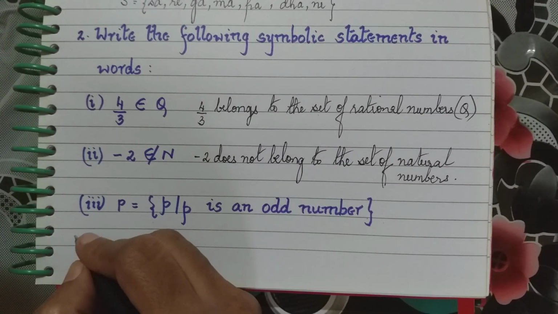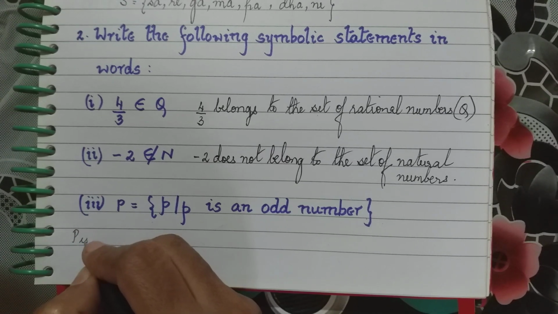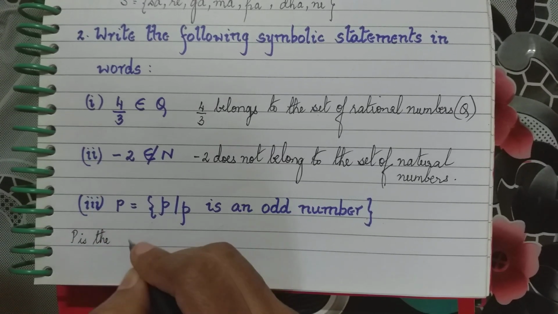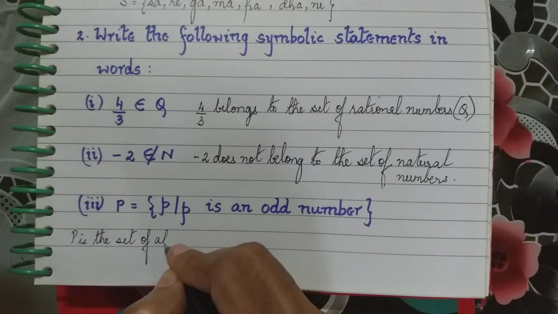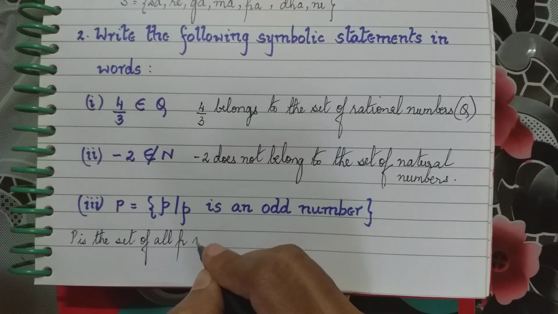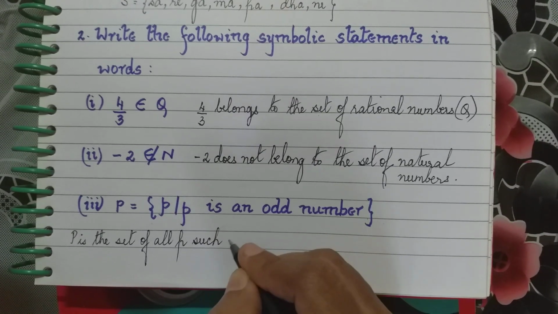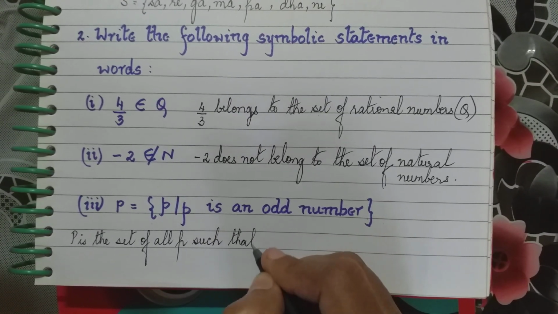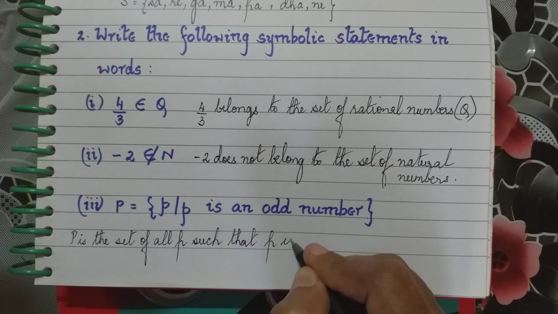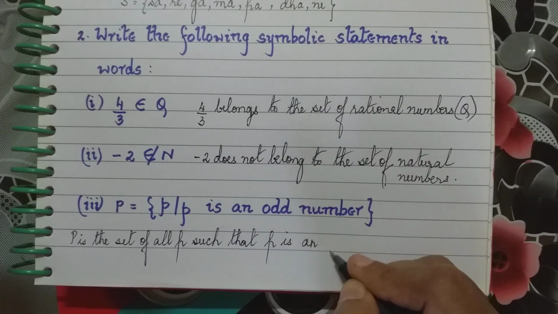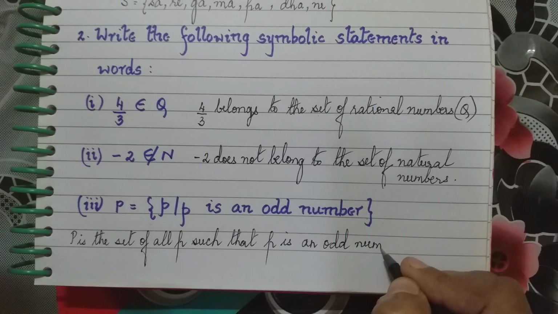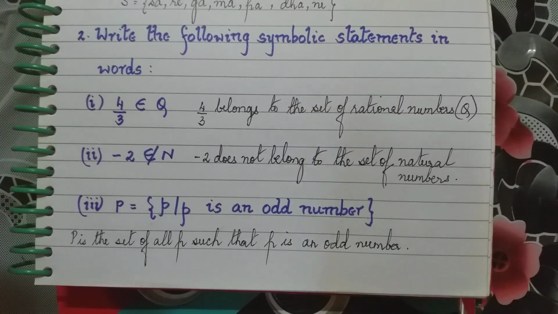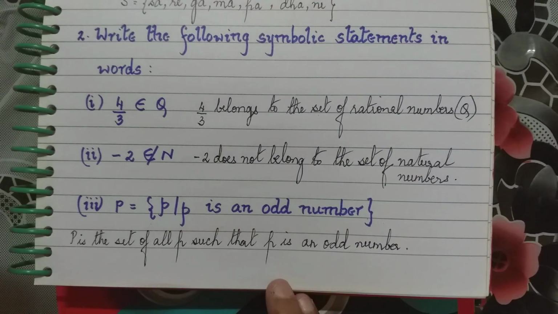Let me write: P is the set of all p such that p is an odd number. Okay, so this is question 2. Now proceeding to question 3.